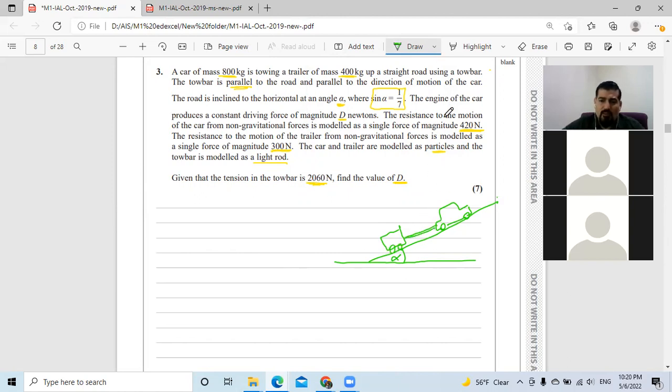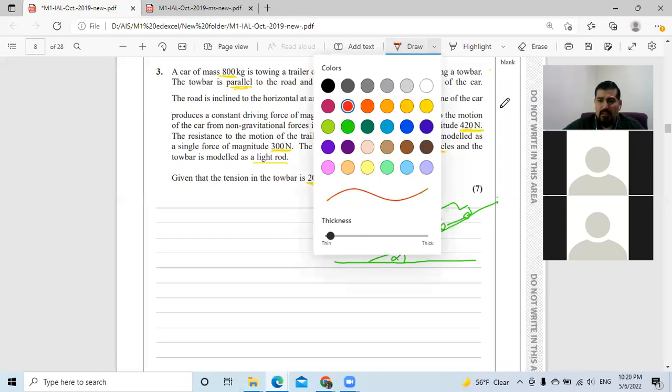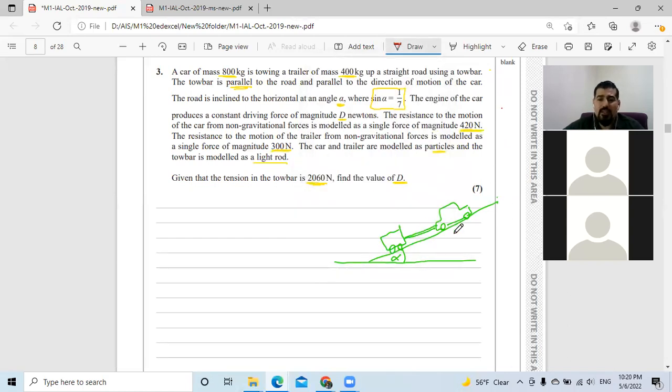Now what are the forces that act on each of the car and the trailer? Of course, the weight of the car, which is 800g, and the weight of the trailer, 400g.